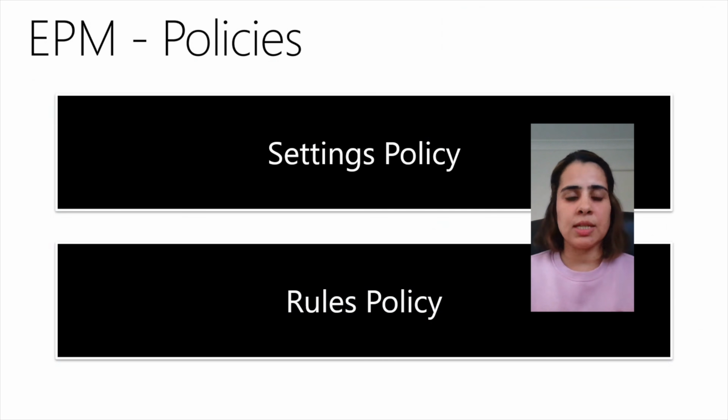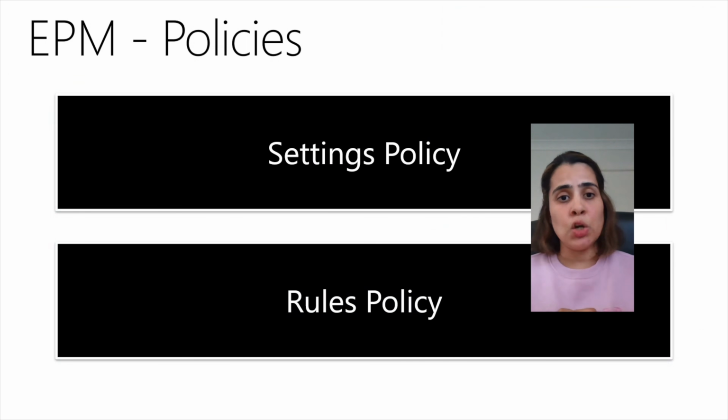So imagine there are 10 applications in my organization for which I want a certain kind of elevation behavior, but for the rest, 110 or 1000 applications, I want a default behavior. So under the EPM settings policy, you can create that default behavior, which could be user confirmed, support approved, and automatic, that I discussed previously. There are other aspects that you define in the settings policy. I'll show you when I'm on the portal.